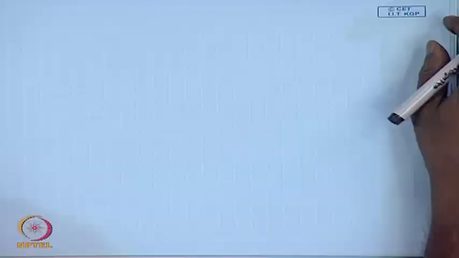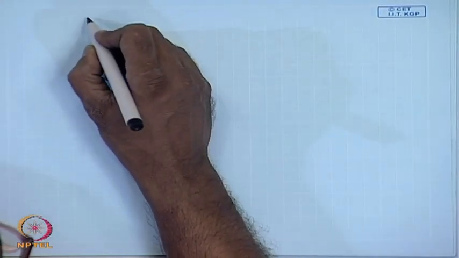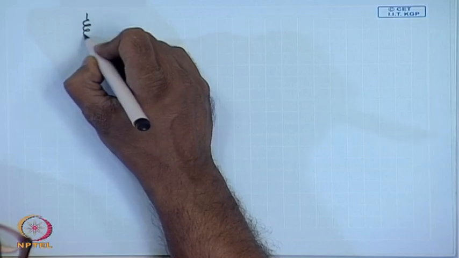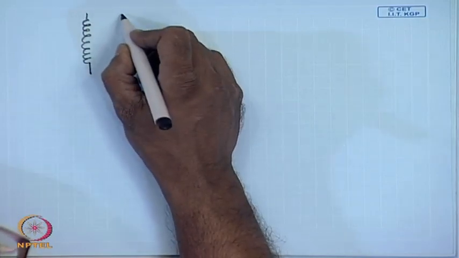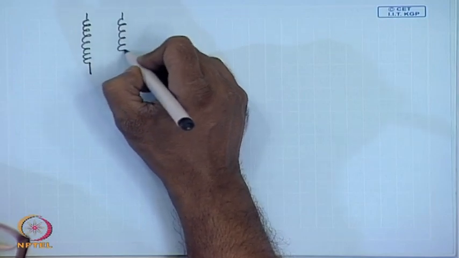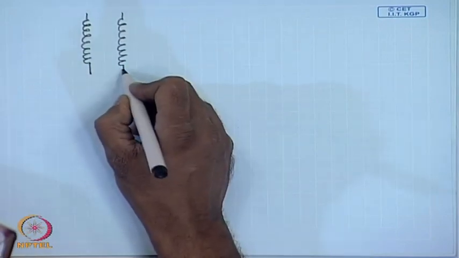For that, let us assume that we have a 3 phase transformer with star star connection of 2 windings.